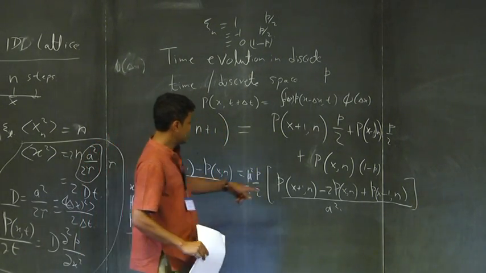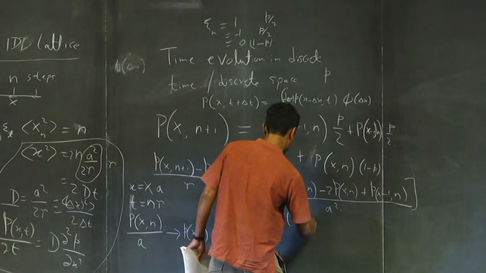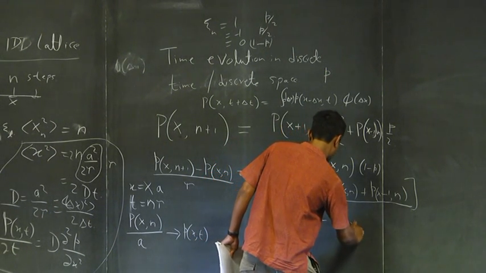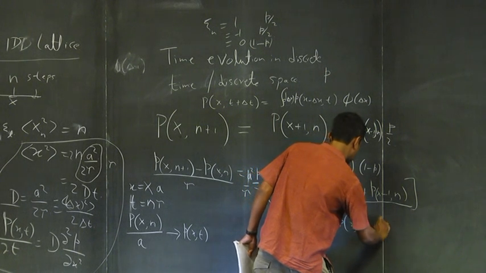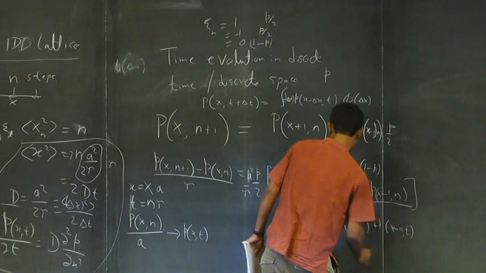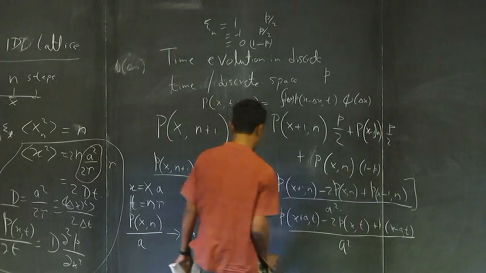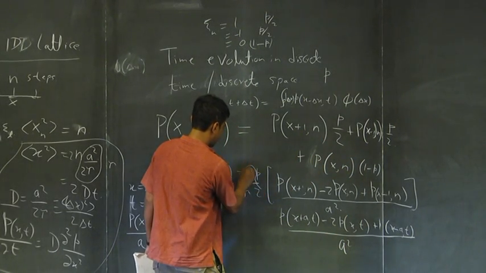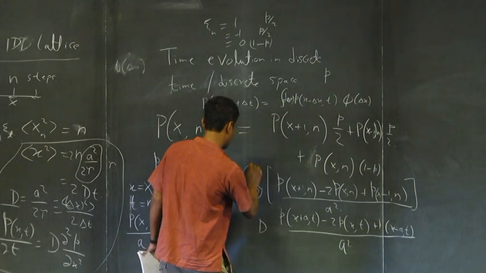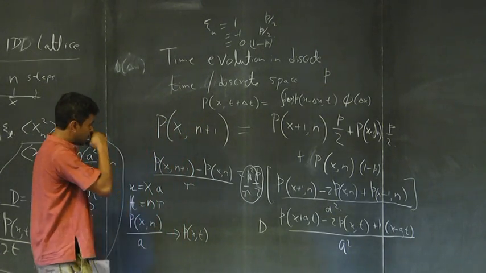Okay, so now you see that this is basically like p of x, t, and here I have this, so this whole thing I'll just call d, right.